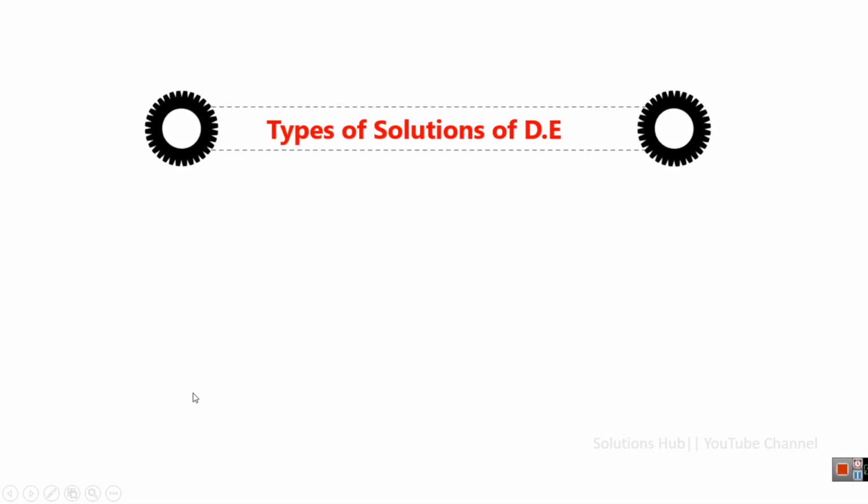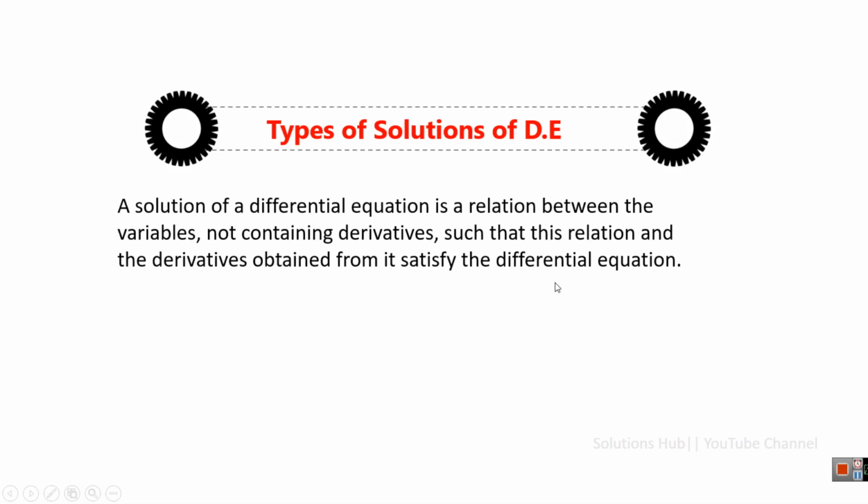So the types of solution of a differential equation, and this solution is quite clear. A solution is basically a relation which is free from any derivatives, and it will satisfy the differential equation that is formed after differentiating that particular relation. I have solved an example in front of you, and the definition for the solution of a differential equation is quite clear. A solution of a differential equation is a relation between the variables not containing derivatives.